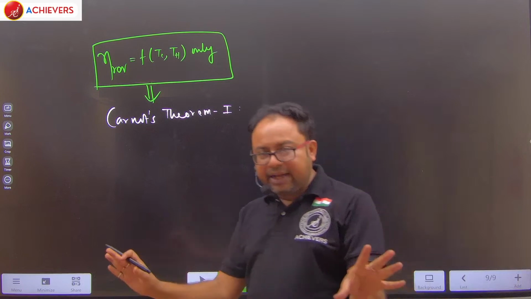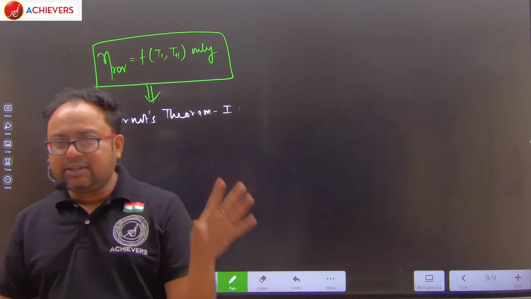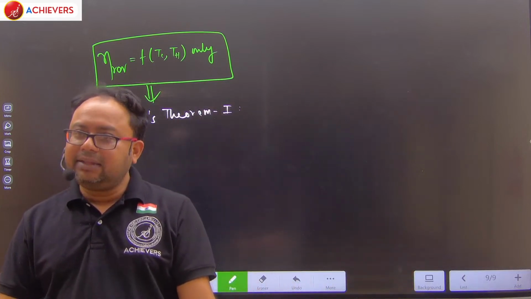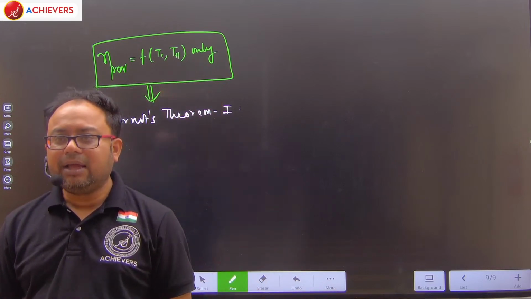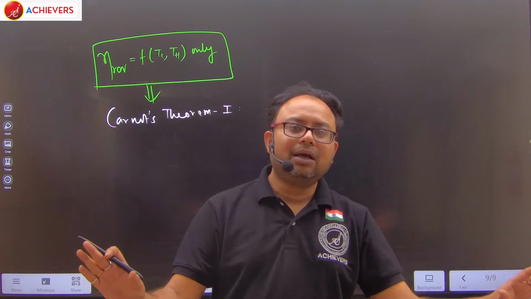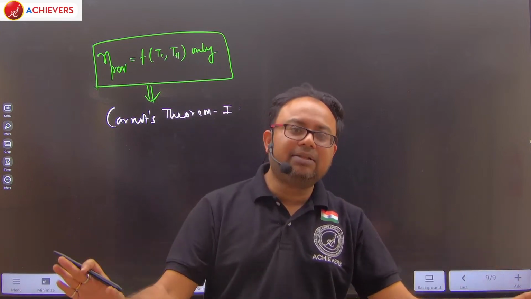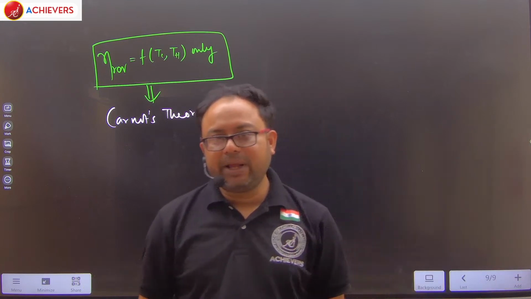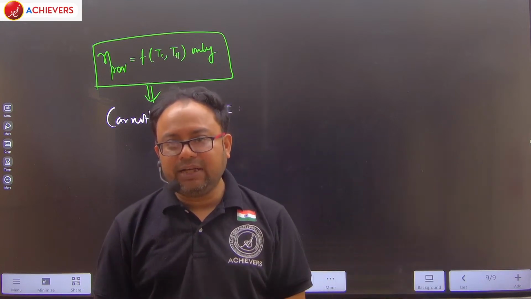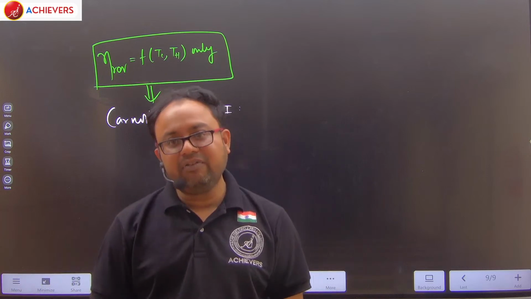If the two heat engines are reversible, then they will have the same efficiency if you just maintain TC and TH to be same. Nothing else will have an impact on the expression of eta or the value of eta if the two engines are reversible.